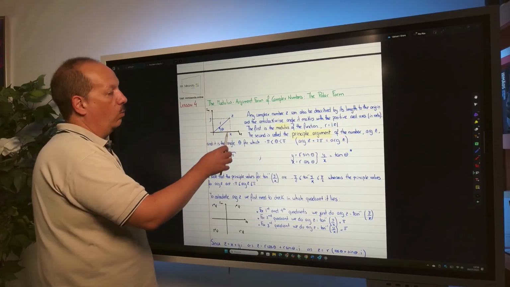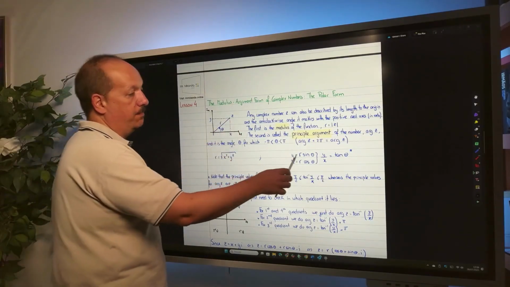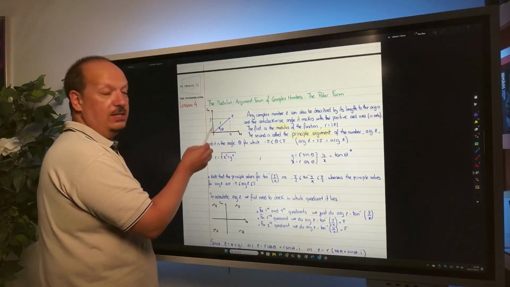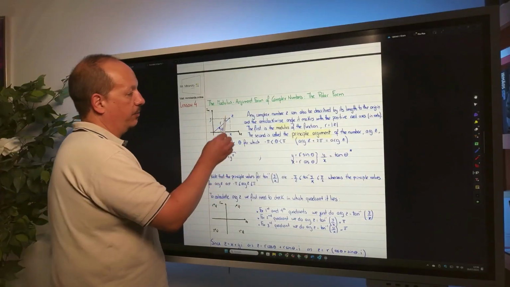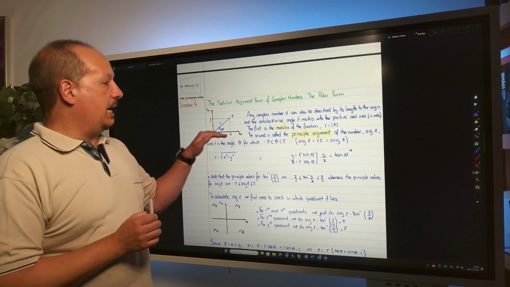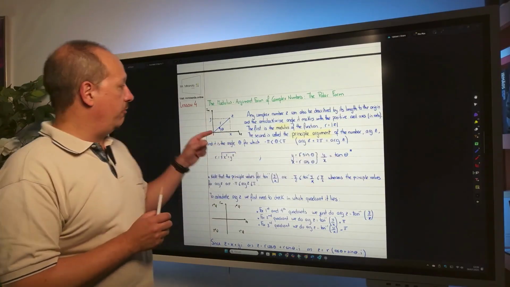Well, y is just going to be r times the sine of the angle, right? And x is just going to be r times the cosine of the angle. Sine for the opposite, cosine for the adjacent. So you have y over x, the trigonometric ratio, which is going to be the tangent of theta.